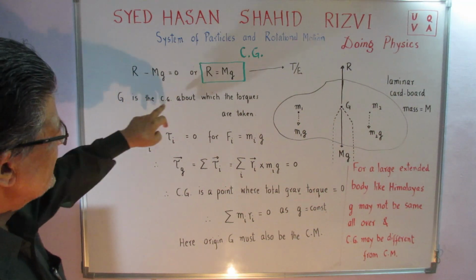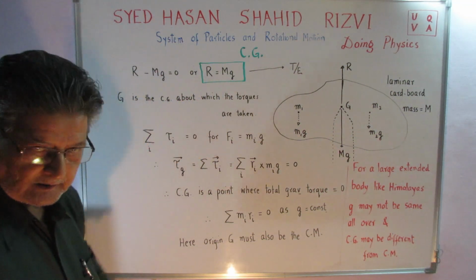Now, G is the center of gravity about which the torques are taken.